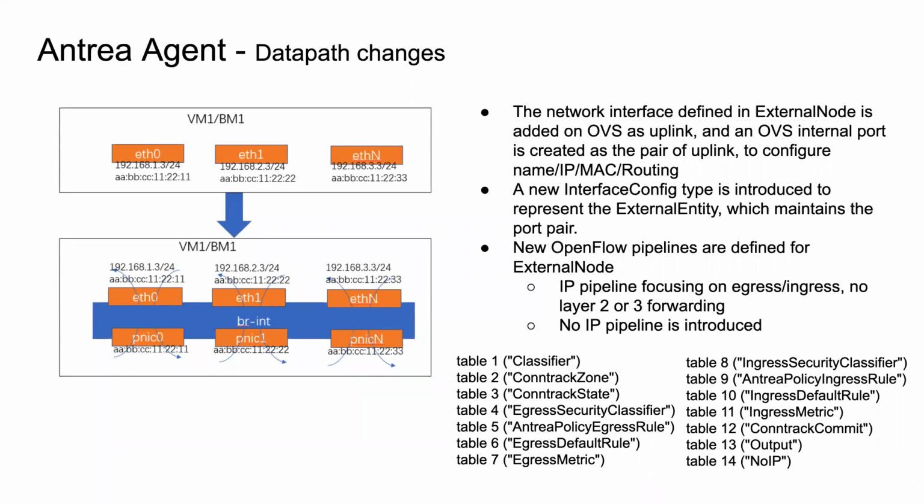So that's the motivation why we need to rename the interfaces and try our best to keep the IP and the MAC configured on the interface with the same name. I see, thanks.